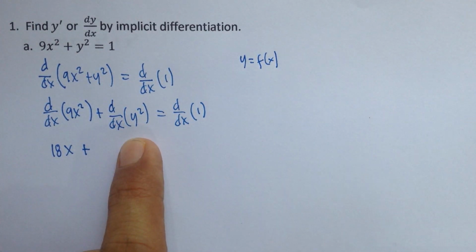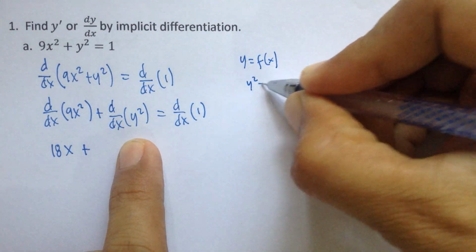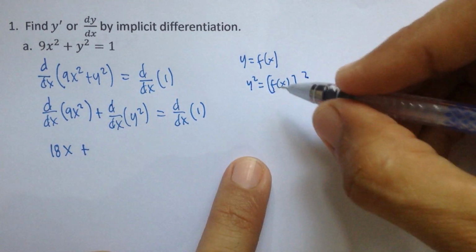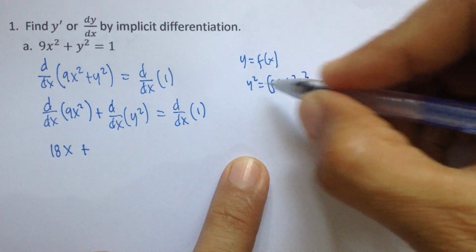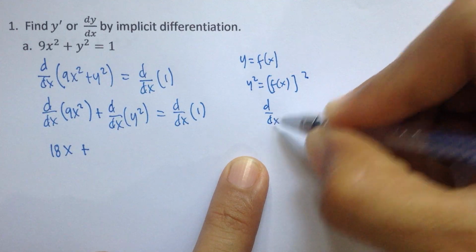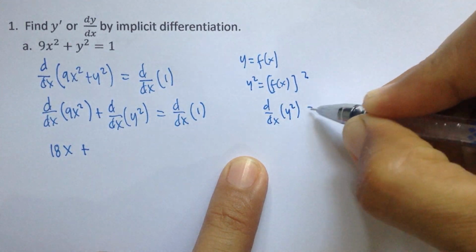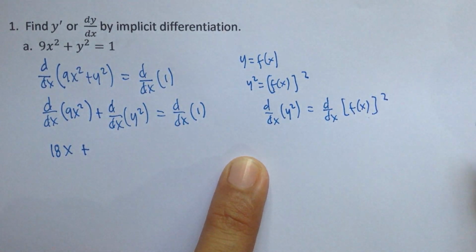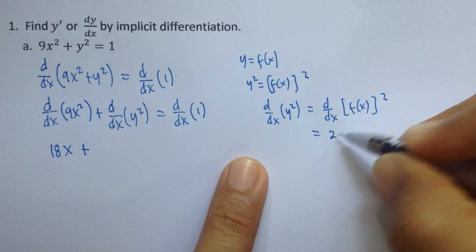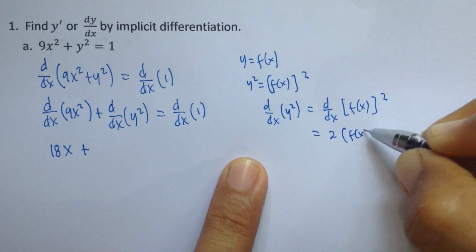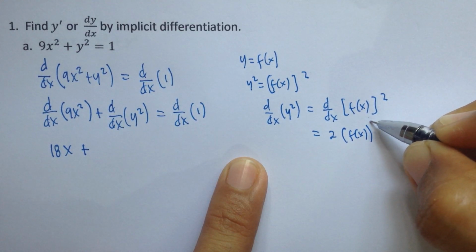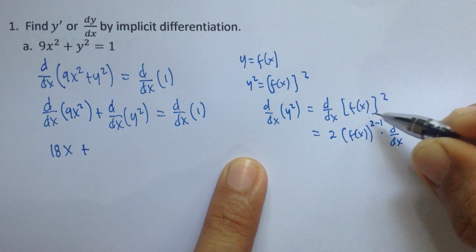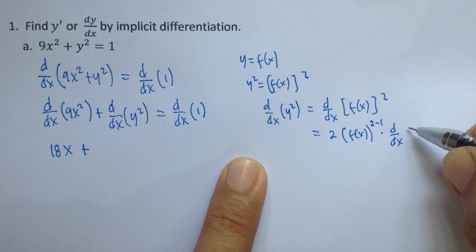In other words, y squared is equal to f of x quantity squared, and the derivative of this, using the chain rule, is 2 times f of x raised to 2 minus 1, times the derivative of the argument, or the inside of the whole function.